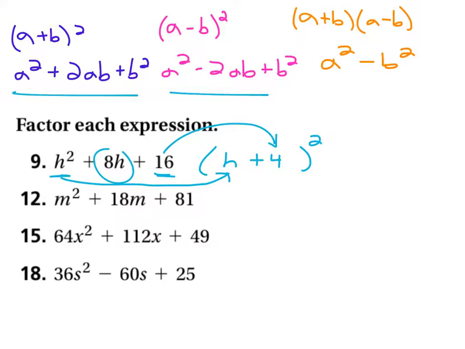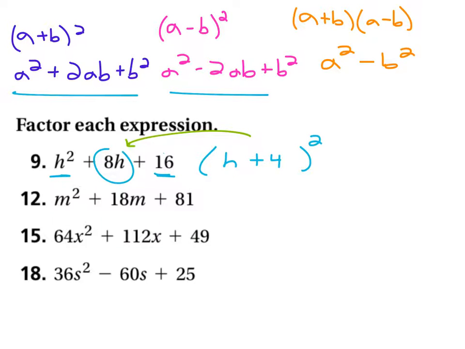So that's what we're going to guess, as a maybe answer, and then we're going to check to be sure. How do we check? Well, for the middle term, we've got the first term times the last term, h times 4 or 4h, and then doubled. 4h doubled is 8h, and that is what that says. So we know that we did it right.